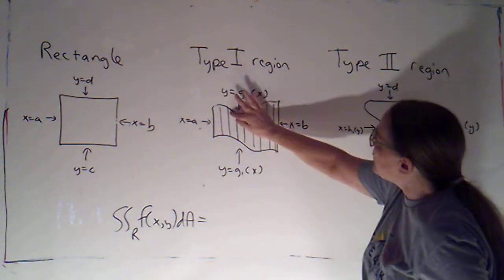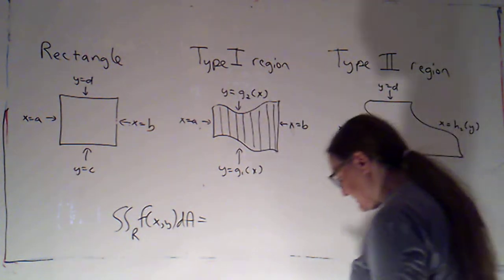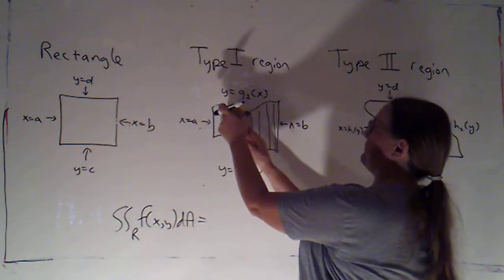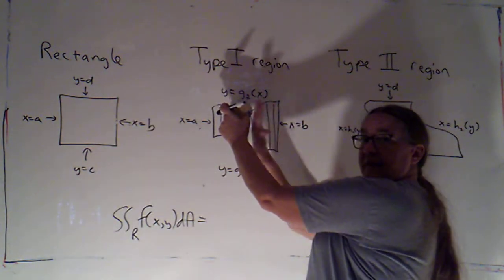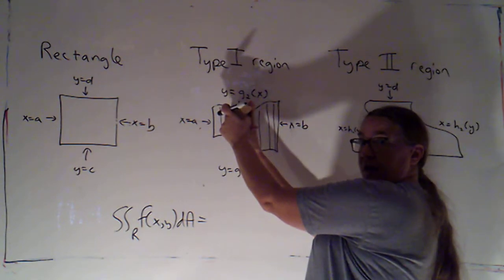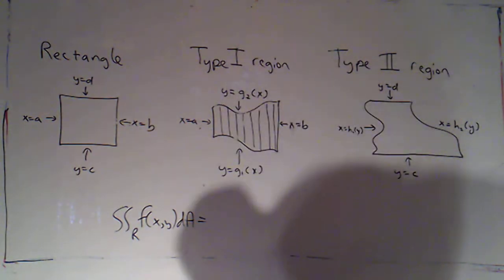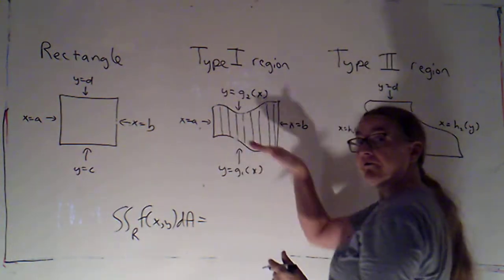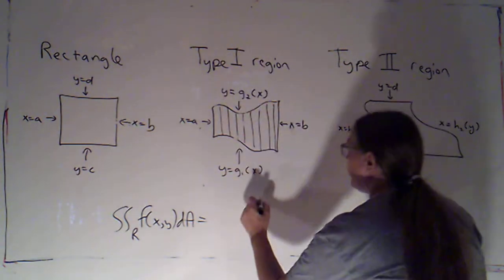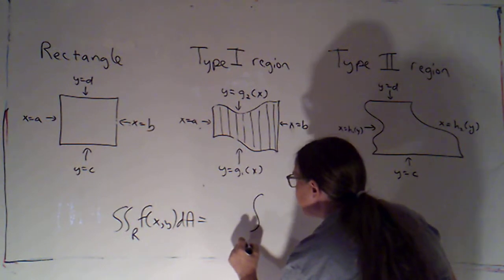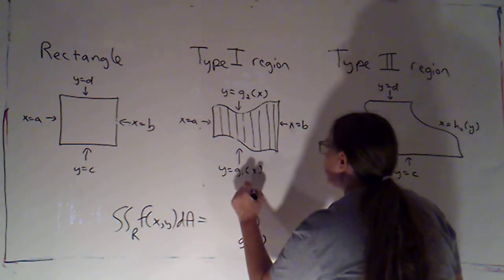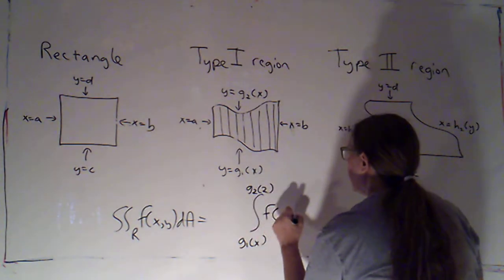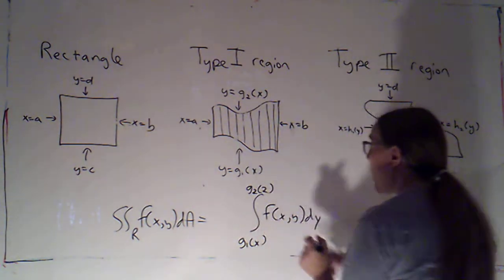Okay. Along each one of these slices, I've basically got some stuff sticking out from the board. I'm going to calculate that cross-sectional area first. So that means I'm going to be integrating first from the bottom to the top, but that means I'm integrating from g1 of x to g2 of x, f of xy dy.